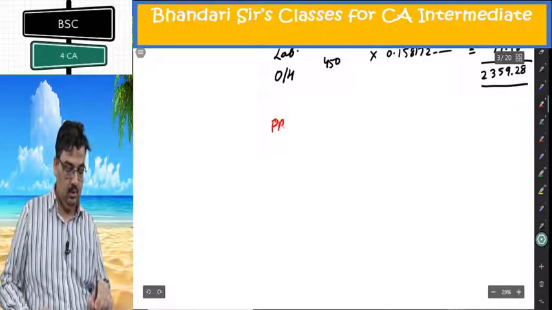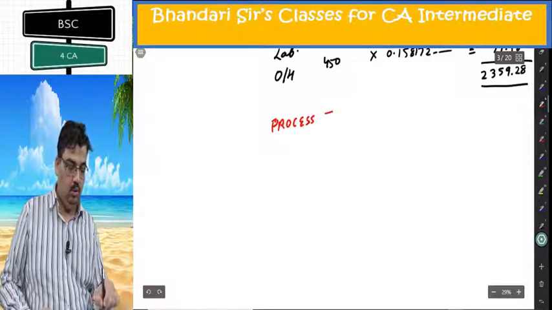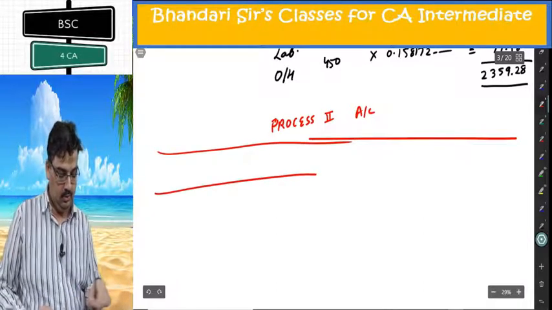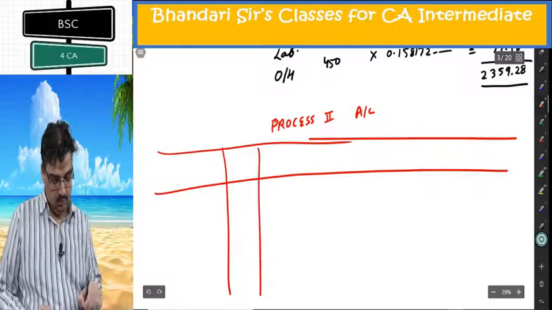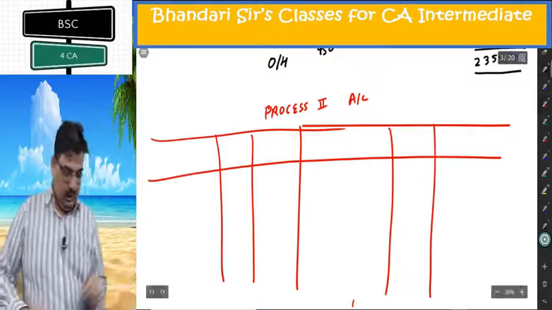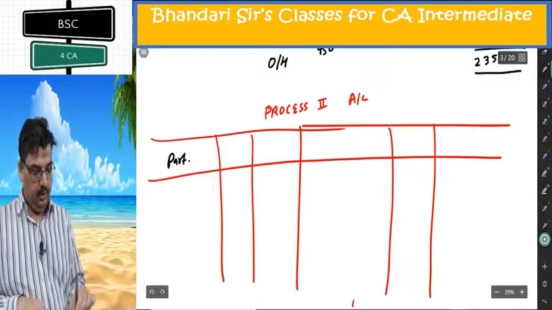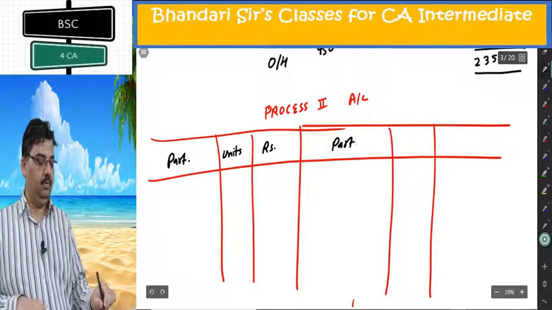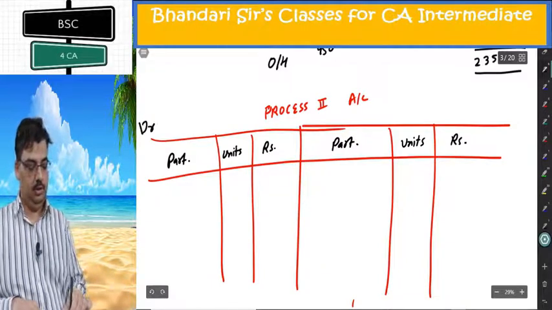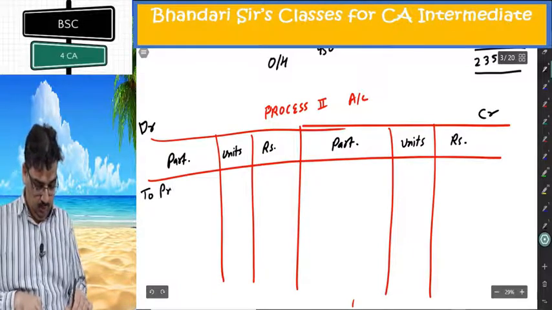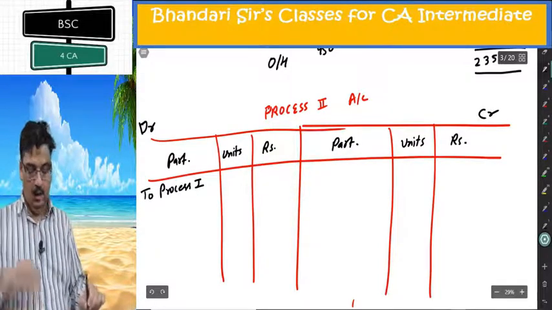Last thing for the day, process 2 account. So in the process account, particulars, units, rupees, particulars, units, rupees. This is debit, this is credit. To process 1.